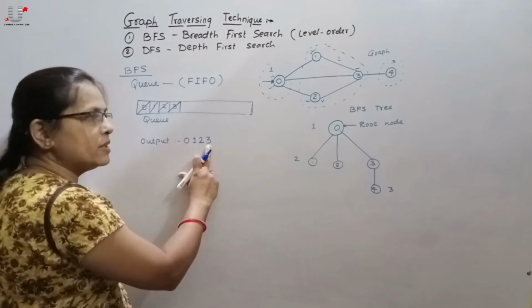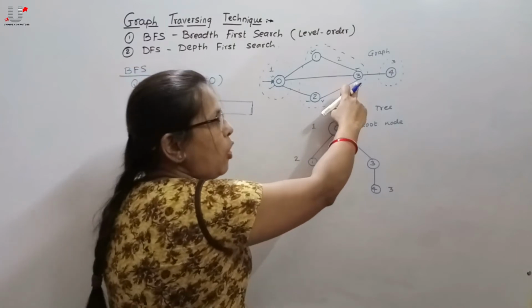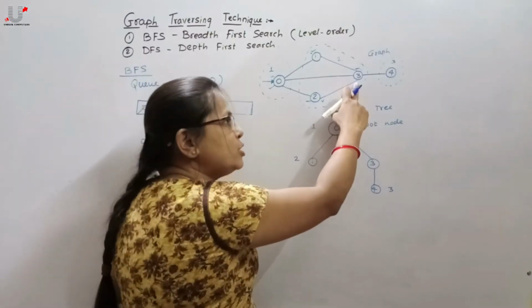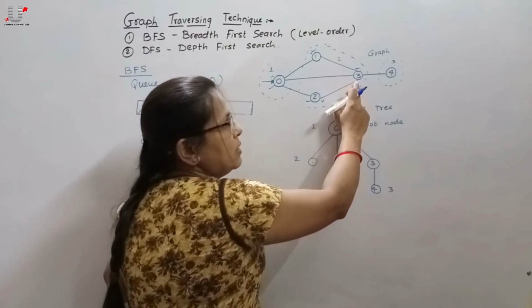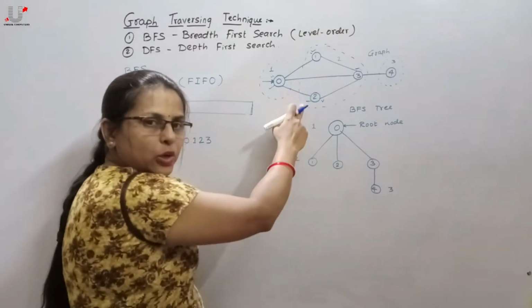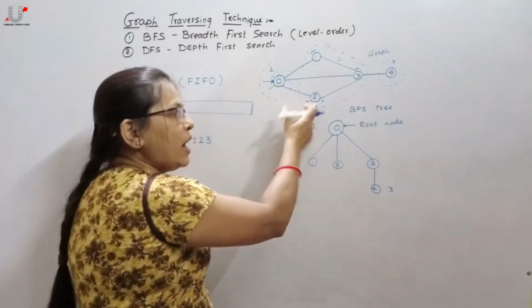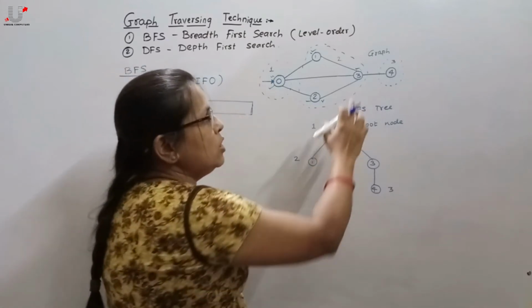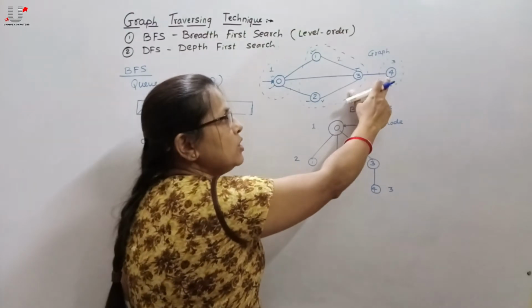After adding 3 to the output list, you again have to explore all the unvisited adjacent nodes from the graph. The adjacent nodes of 3 are 1 and 2, but they have already been marked as visited, so don't add them again in the queue. The next unvisited adjacent node is only 4.